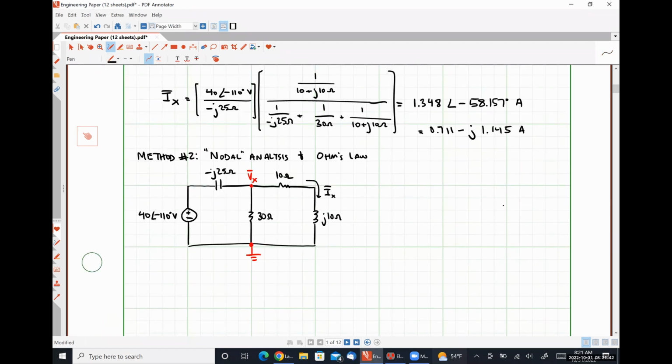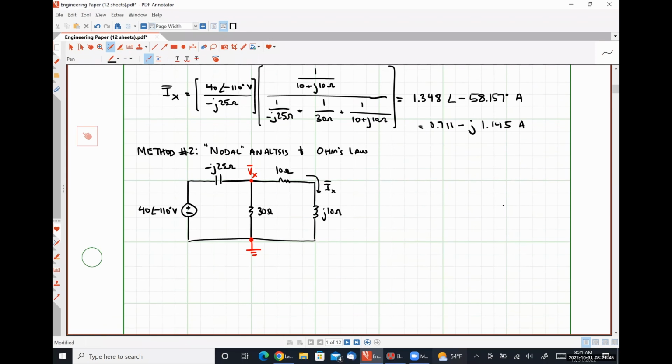So if I apply Kirchhoff's current law at node X, let's start over here.